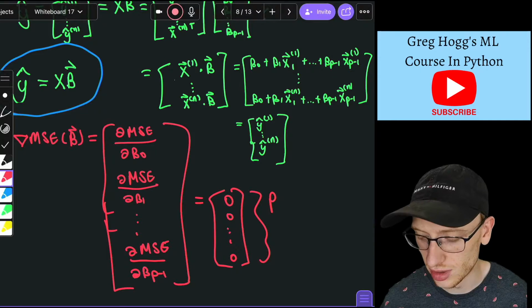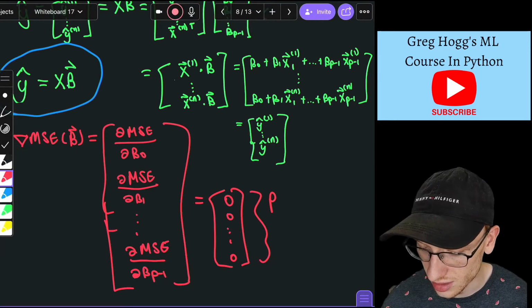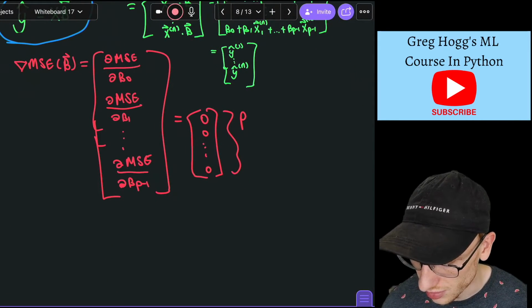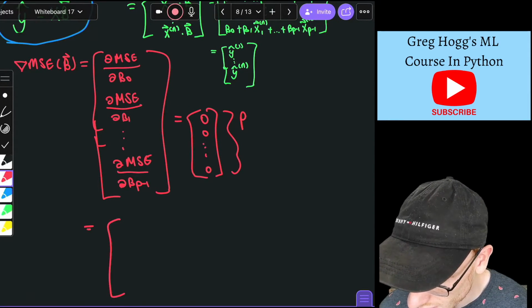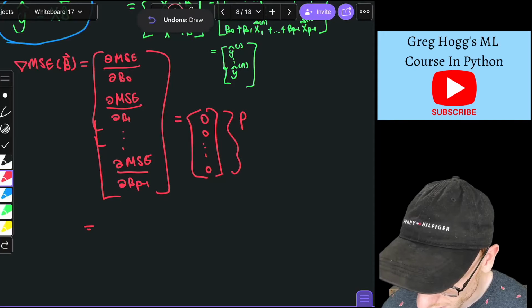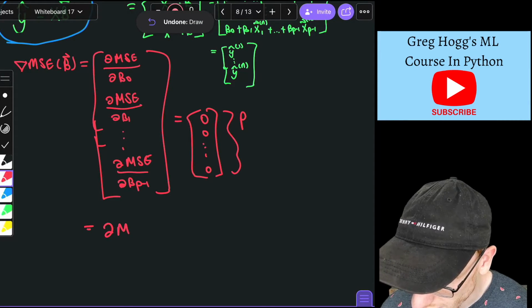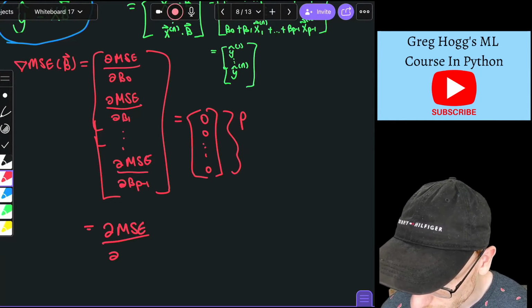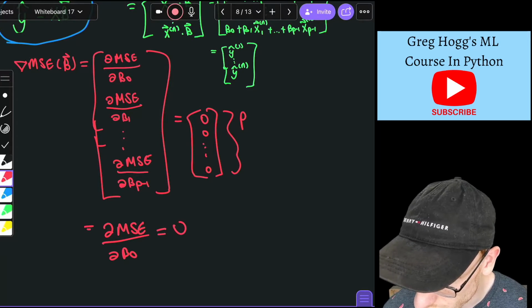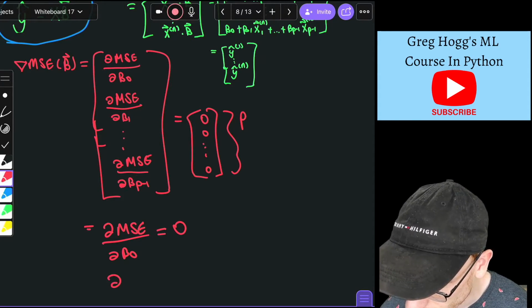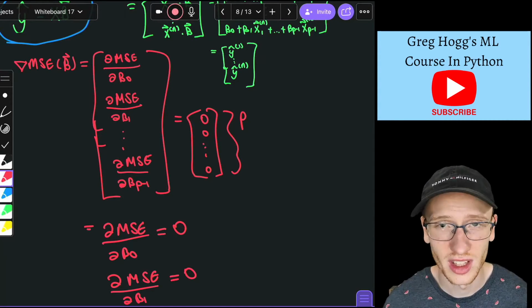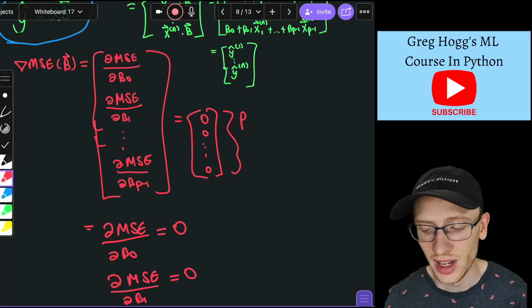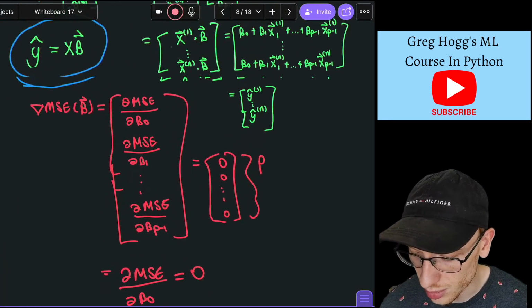Setting that equal to 0 is the same thing as saying partial MSE by partial beta naught is equal to 0, and partial MSE by partial beta 1 is equal to 0. It's setting them all equal to 0, and that's the same thing we were doing before.